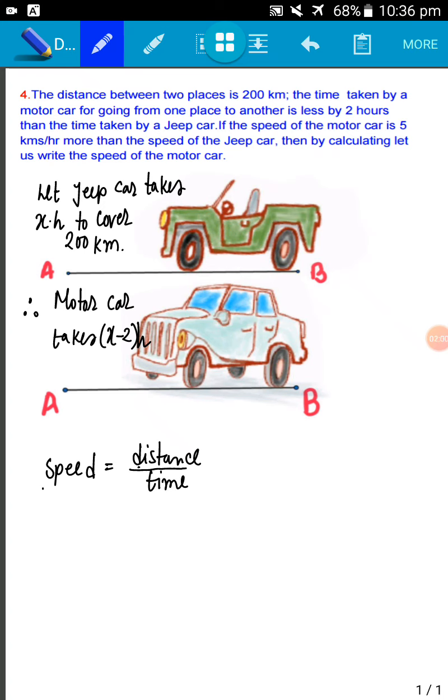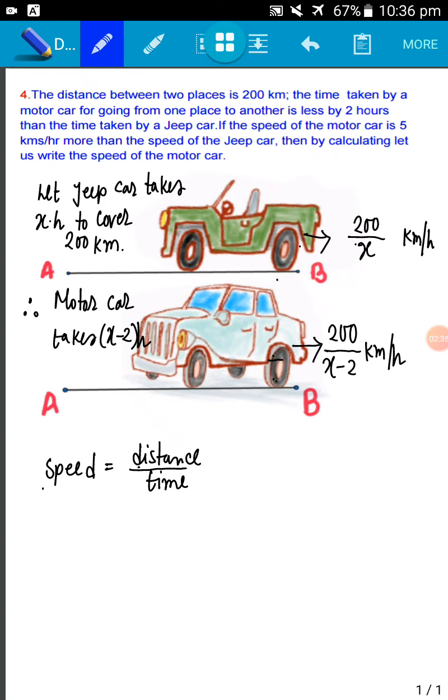So for the jeep car, the speed is the total distance 200 kilometers and the time taken is x hours, so 200 by x kilometers per hour. And the same for the motor car, we have 200 by x minus 2 kilometers per hour. So we got the speed for both of them.